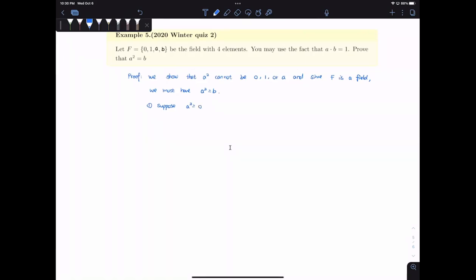If A square equals 0, since A is not 0, A inverse exists, we can multiply both sides. So A multiplied by A inverse equals 0 multiplied by A inverse. Okay, and associative, just gonna do this.